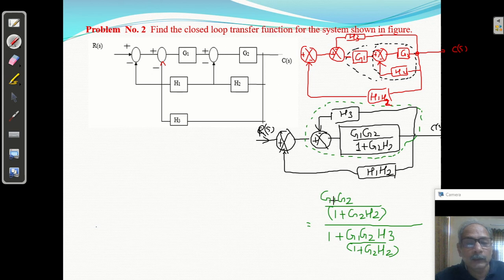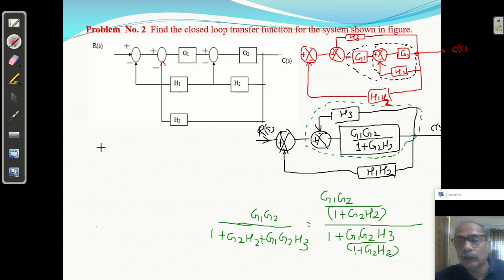So you will get only G1 into G2 upon 1 plus G2 H2 plus G1 G2 H3. In place of this, we will get this.